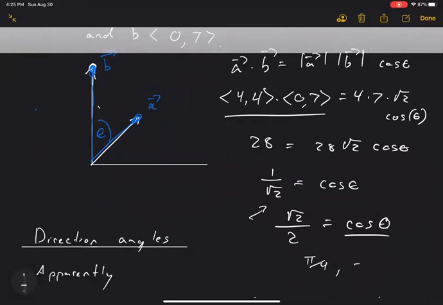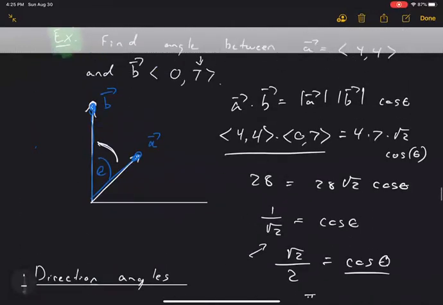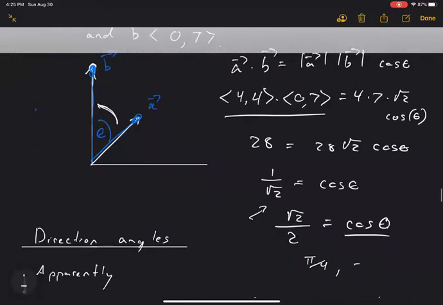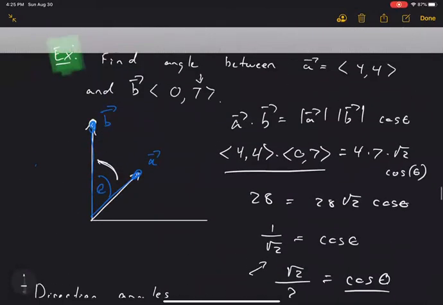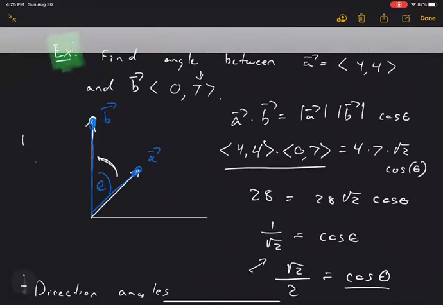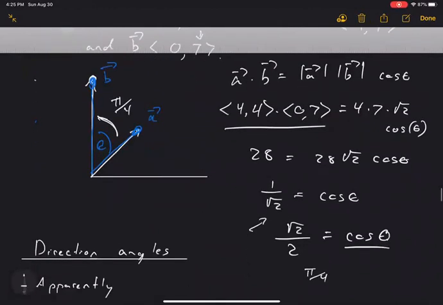We're talking about this angle here. When you're doing this process, your angle should be positive. So ignore the negative angles, because when we're talking about the angle between two vectors, that angle is always going to be positive. So I wouldn't say negative pi over 4. It's just pi over 4. So what we've discovered is that this angle is pi over 4.